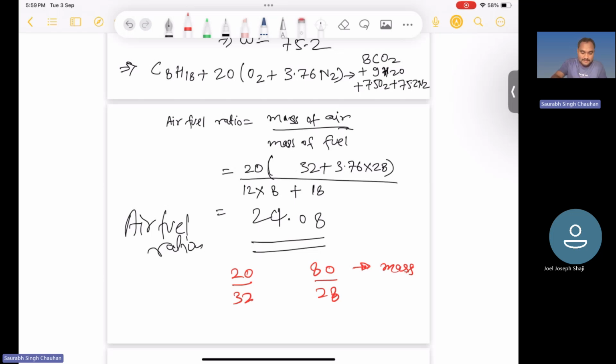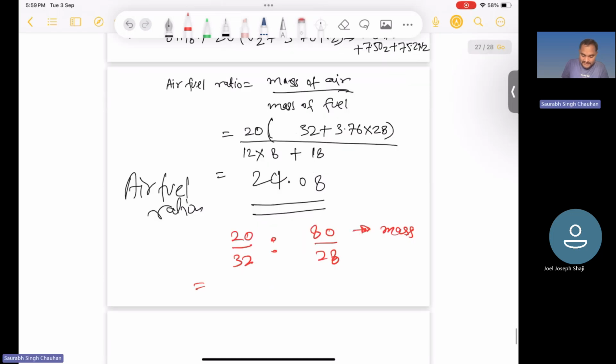Now if you take the ratio, I will just do it by calculator. 20 by 32 is coming 0.625, and 80 by 28 is coming 2.85. And if you take the ratio of these things, we should get that value.